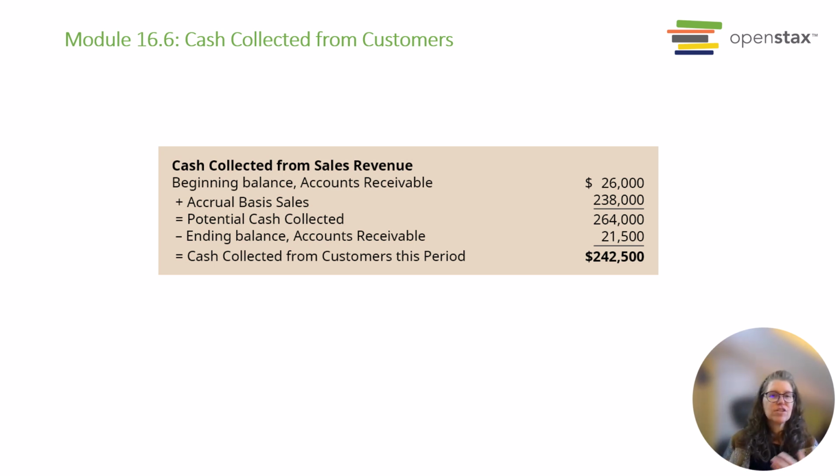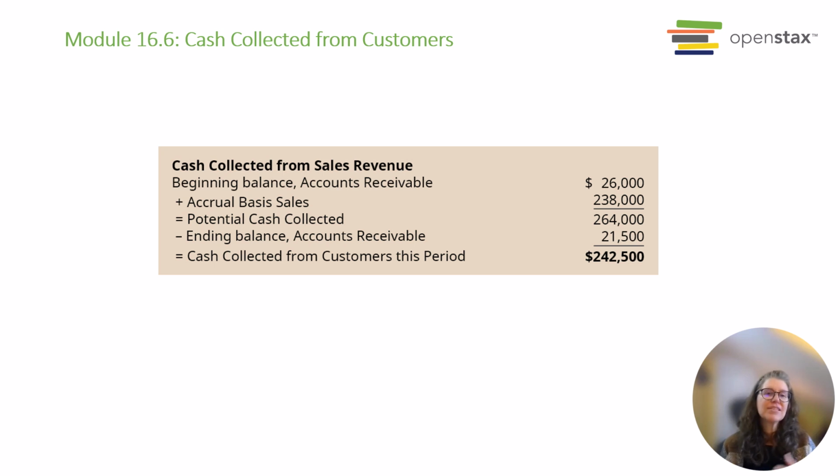We would start with our beginning balance in accounts receivable, and we're going to add to that any sales that happened on the accrual basis, right? So any additions to accounts receivable. What was already in the accounts receivable account plus any new accounts receivable shows all the cash that a business could collect in the time period we're interested in.